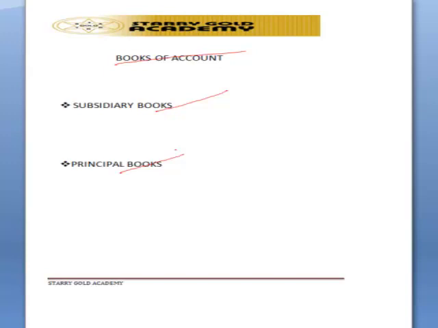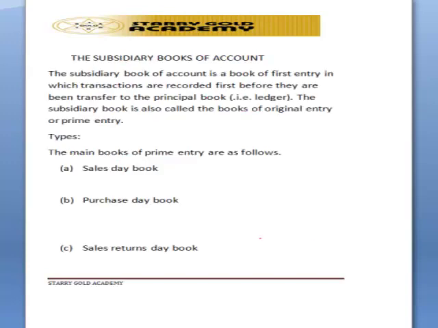entry. But before we look at the principal book, which is the ultimate book, we must look at what we mean by the subsidiary books of account. So let's go in by looking at the subsidiary books of account.